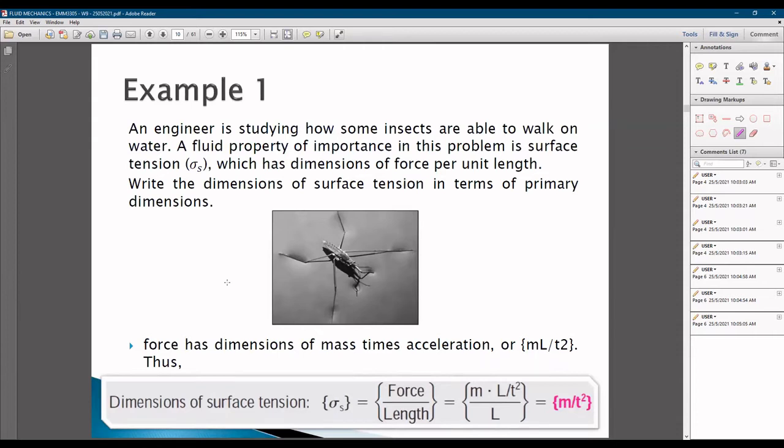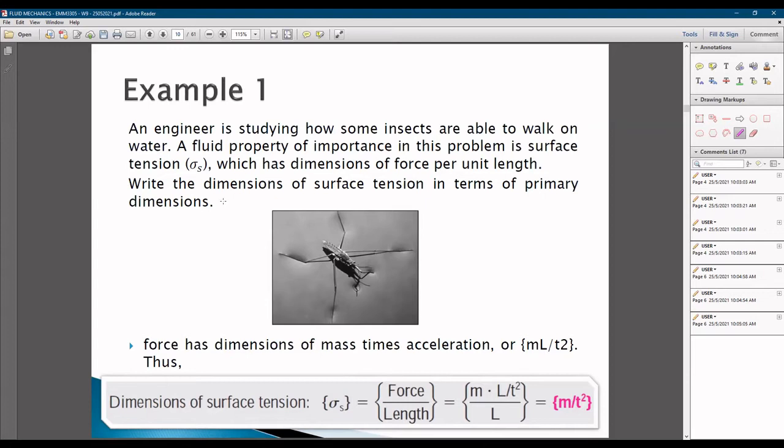Example number one: we have an engineer studying how some insects are able to walk on water, or to stay on water. A fluid property of importance in this problem is surface tension, which has dimensions of force per unit length.